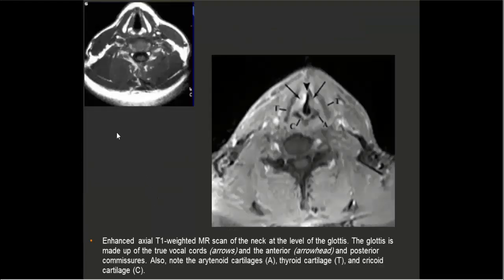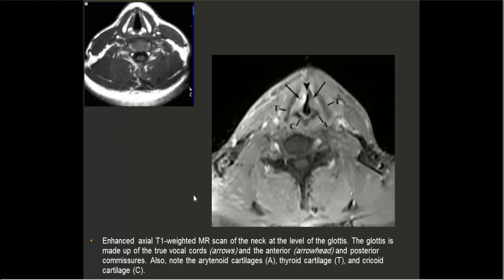On enhanced axial T1, we show the true vocal cord at the level of the glottis. The true vocal cord has muscle signal, but here in the false vocal cord we see the same signal as fat. The true vocal cord has the arytenoid cartilages bilaterally posteriorly, and the cricoid and thyroid cartilage, attached anteriorly by the anterior commissure.